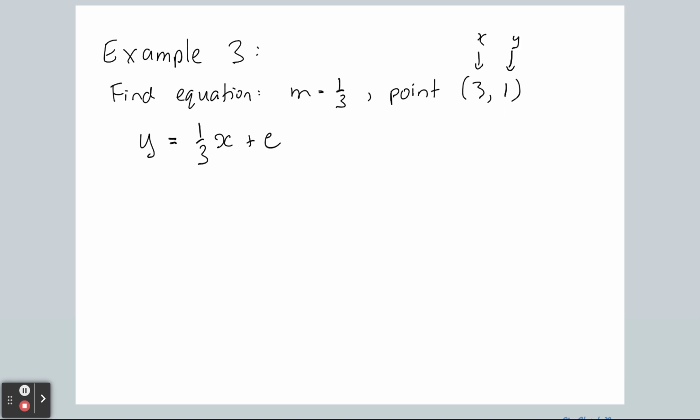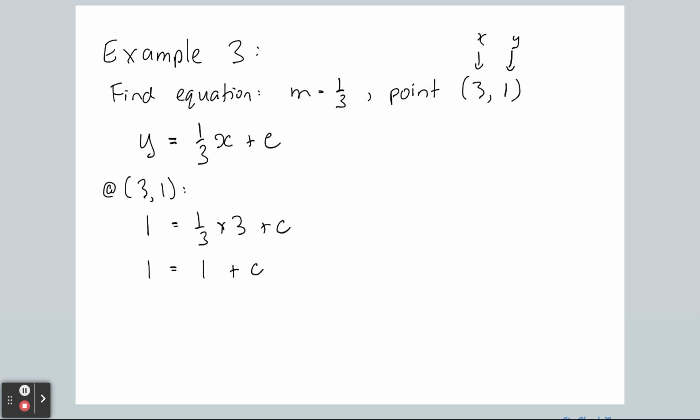So I can take y equals a third x plus c, and at 3, 1, I can replace y with 1, and I can replace x with 3. So that gives me 1 is equal to a third times 3, which is 1, plus c.